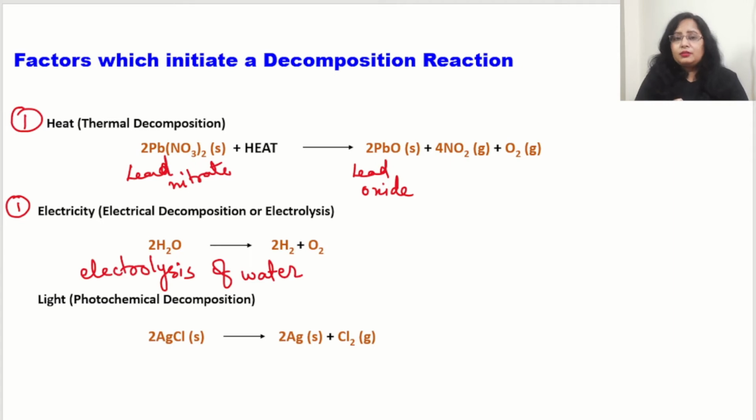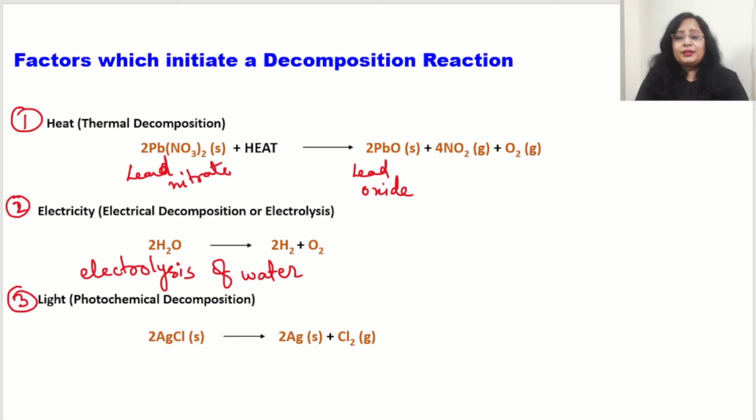When we have a particular apparatus for that and we pass electricity through water, the water breaks down into hydrogen and oxygen gas. So this kind of reaction is called electrolysis.